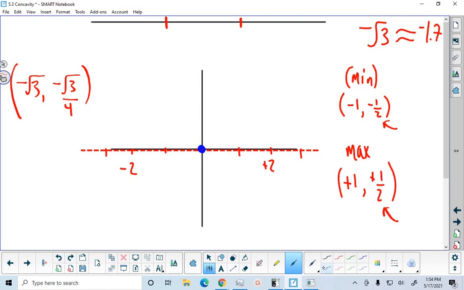Okay. What is the value of -√3/4? I think it's going to be around 0.4 something. 0.43. Okay, so this is about -0.43. I need to scale things vertically so that I can hit negative 1/2, positive 1/2, and negative 0.43, positive 0.43.